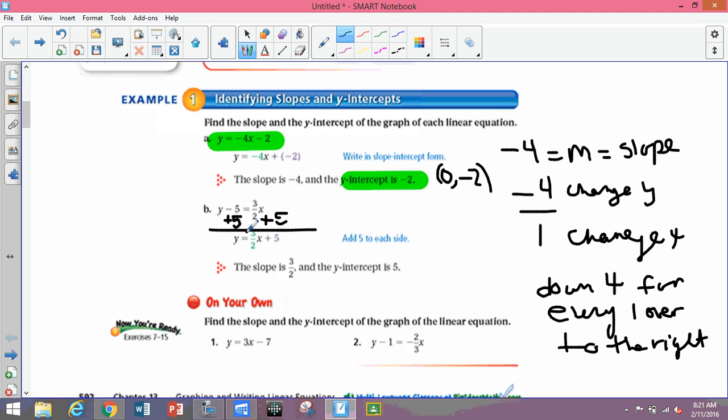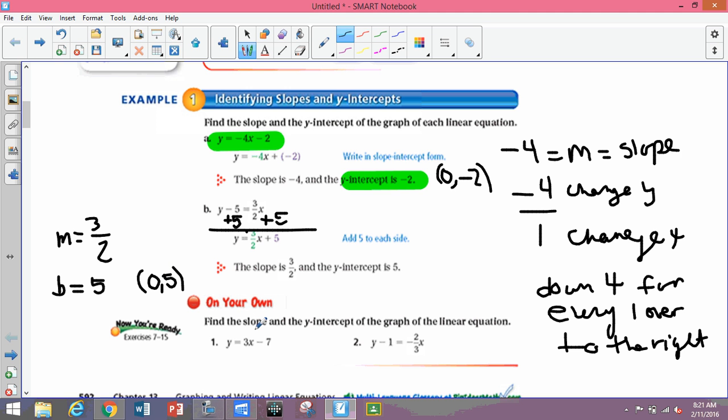Then you know that m, your slope, is 3/2, which means you're going to go up 3 for every 2 you go to the right. And your b, your y-intercept, is 5, which means it crosses the y-axis at (0, 5). Okay, that's what that means.